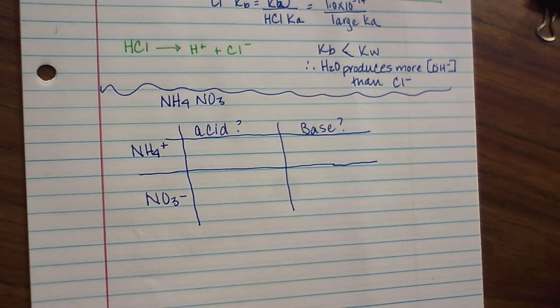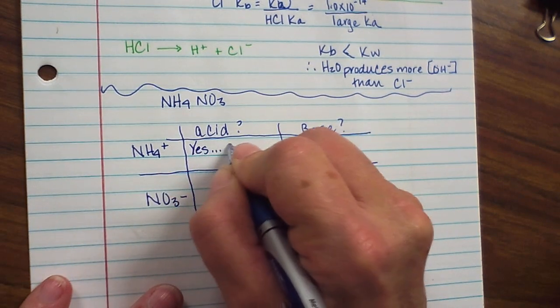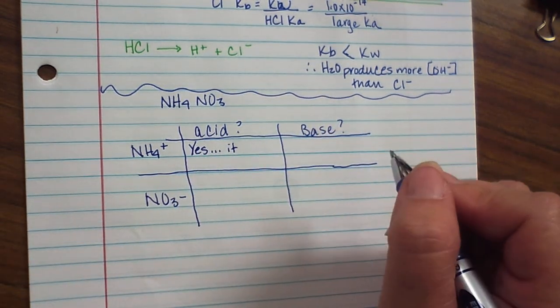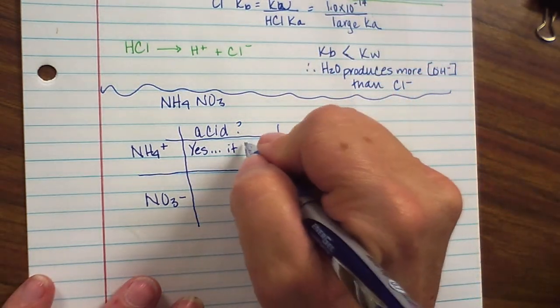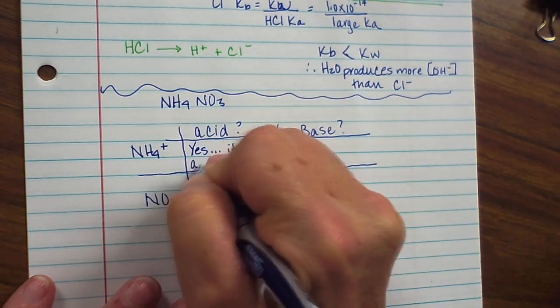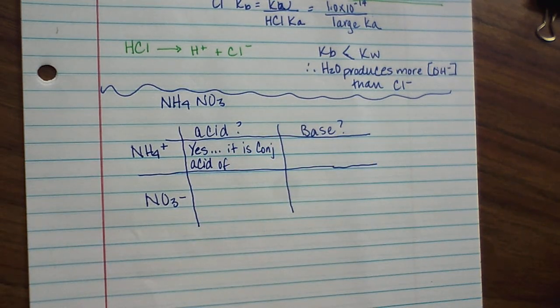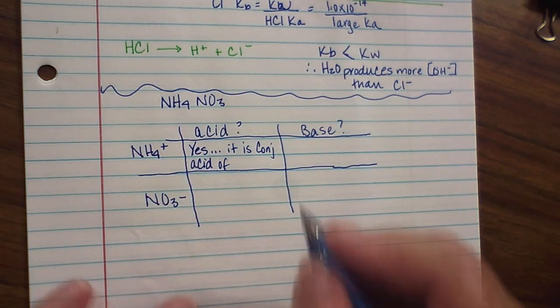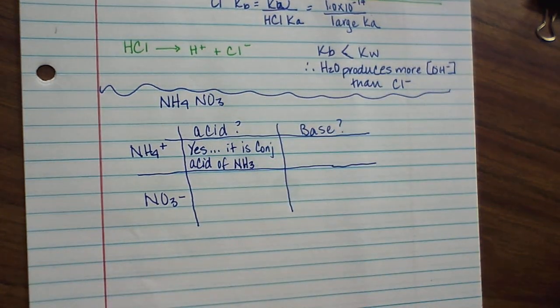So NH4 plus, is it an acid? Does it have hydrogens to donate? Yes, it does. It is the conjugate acid of what? NH3. Yes, and NH3, is it a strong or weak base?